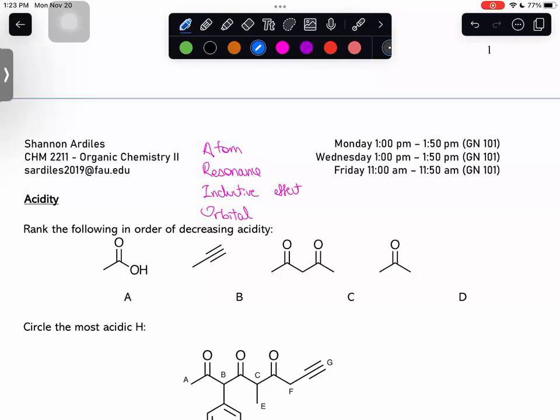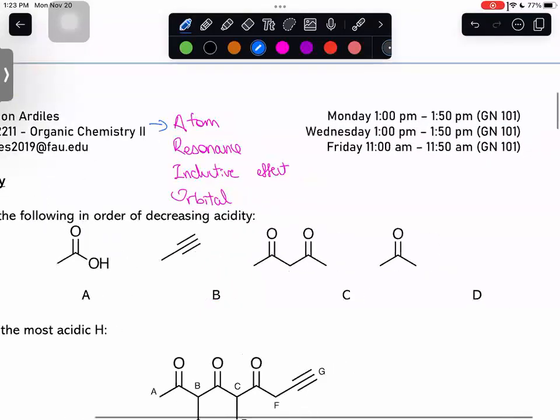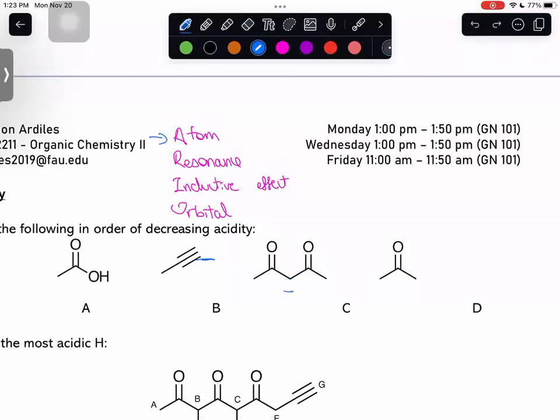Once you're done with one level, you can move on to the next one. So first, let's start with the atom. So in this case, those are going to be our acidic protons. Which one is connected to an electronegative atom? Directly connected to it.